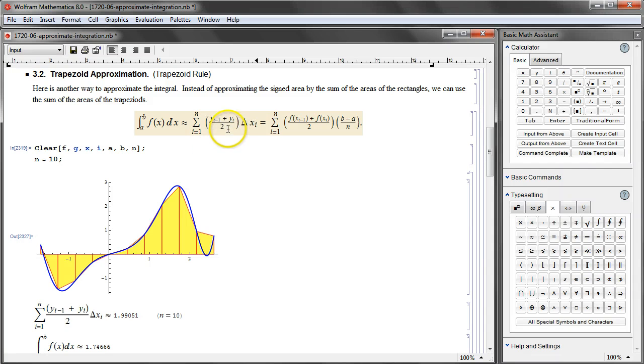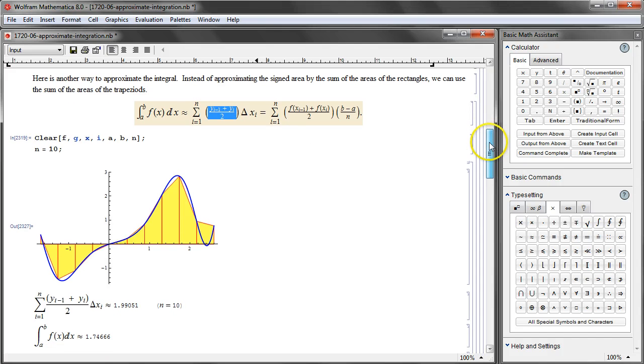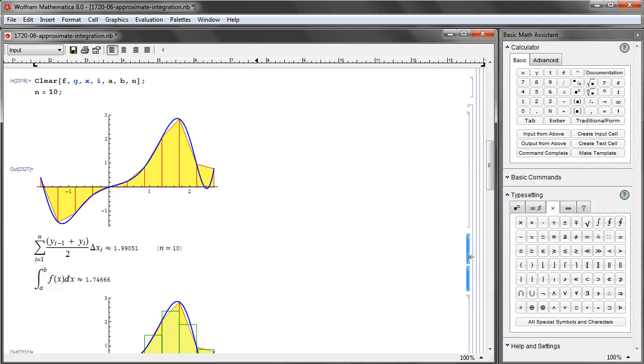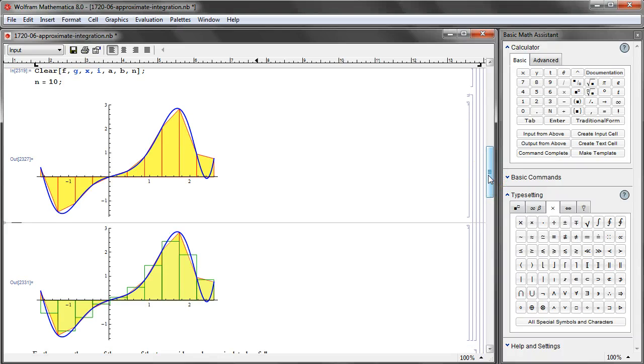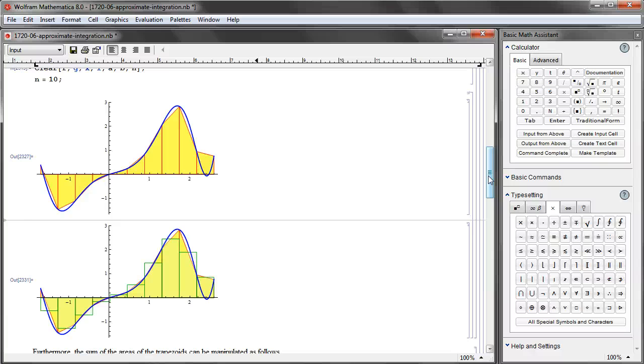And if you look at this one, (y_{i-1} plus y_i) over 2, that turns out to be the average value between these two y-coordinate values, the middle y-coordinate value. So if I replace this with y_i star, which is the average value, then that corresponds to these green rectangles in the picture down here. These two pictures are actually talking about the same trapezoid approximation, because each trapezoid we see in the top picture shares the same area as the green rectangle of the corresponding interval in the second picture.